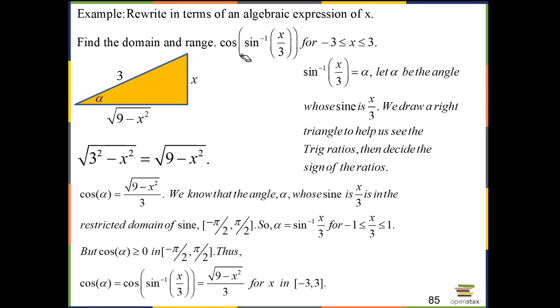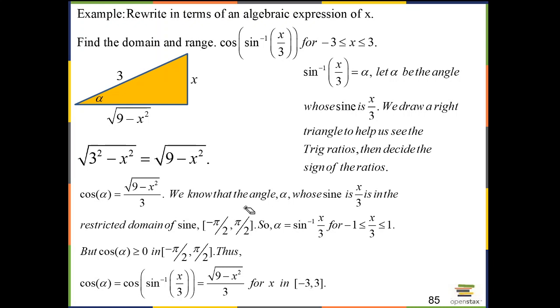Here's another example, cosine of sine inverse of x over 3. Again, we assume that sine inverse is the angle whose sine is x over 3, and we find this. Now we have to worry about the sine, right? So cosine alpha equals this because it is adjacent over hypotenuse.